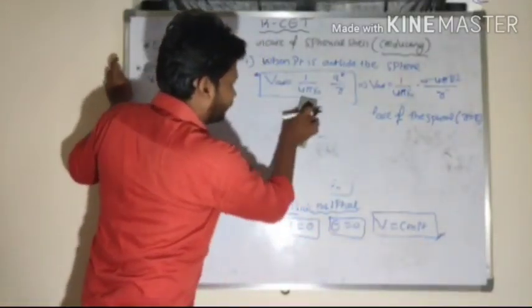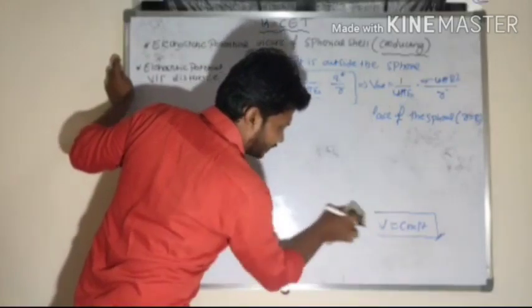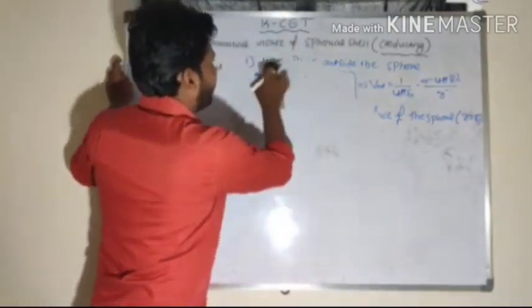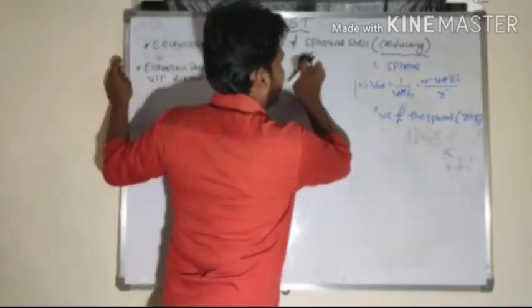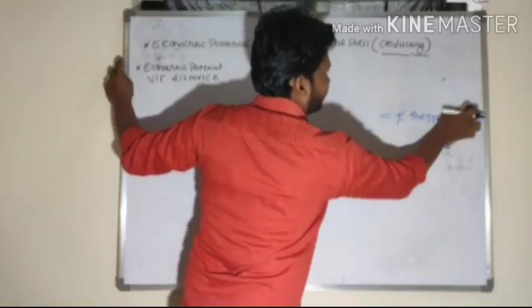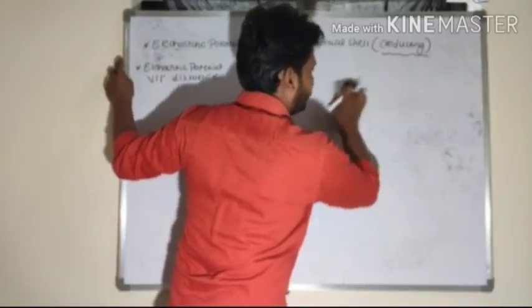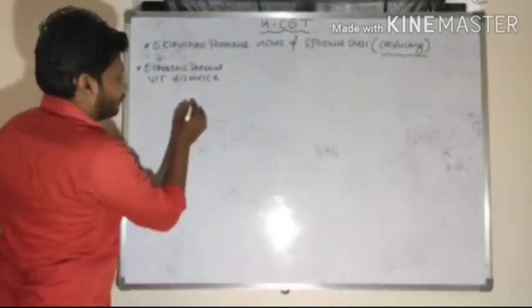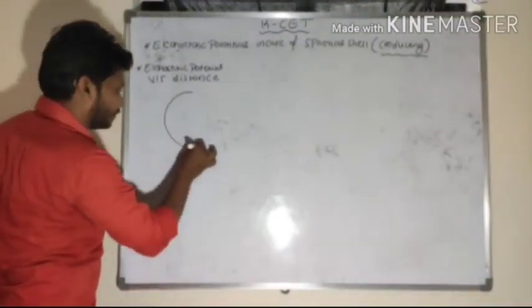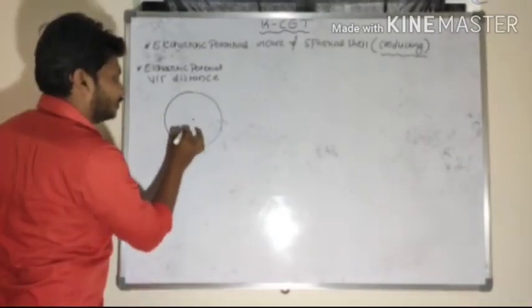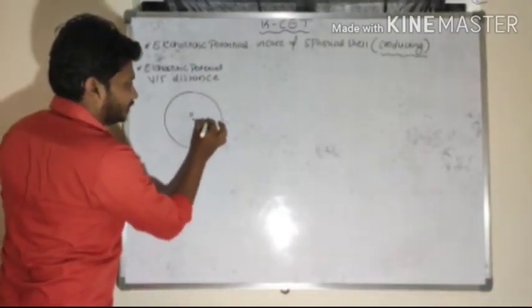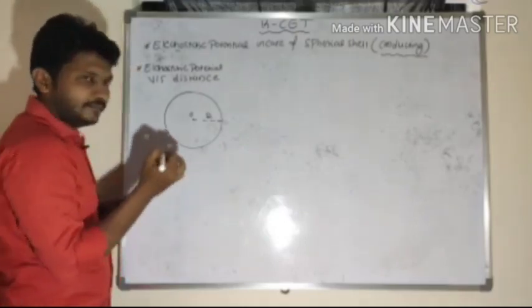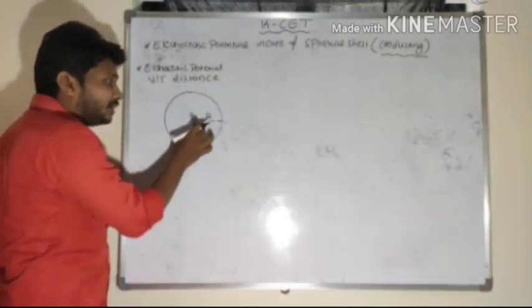Let me consider one hollow sphere. In case of the hollow sphere, I know the value of electrostatic potential when the point of observation is outside the hollow sphere, on the surface of the hollow sphere, as well as inside the hollow sphere. For example, this is one hollow sphere, this is the center, and this will be the radius. What is the potential value inside the sphere?